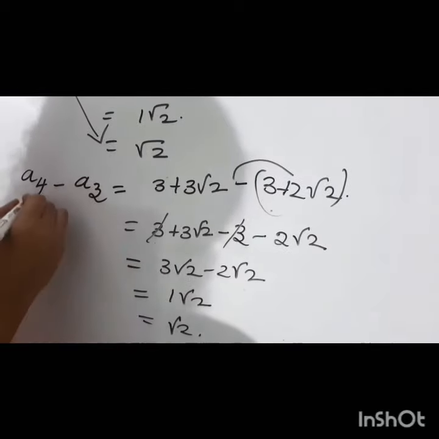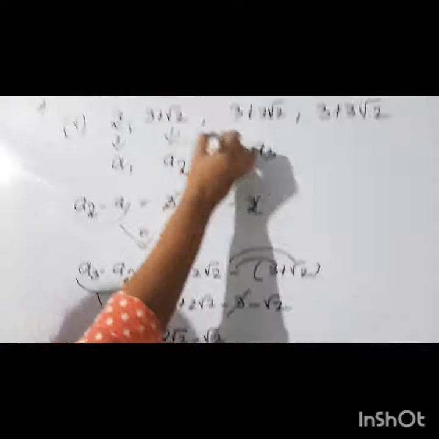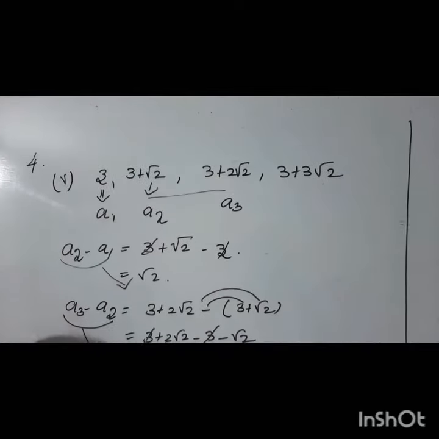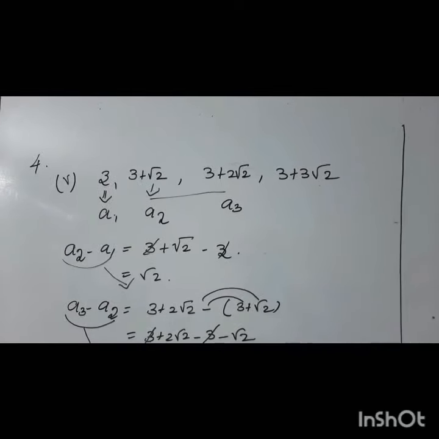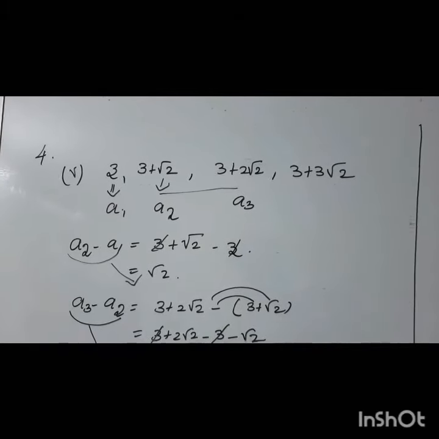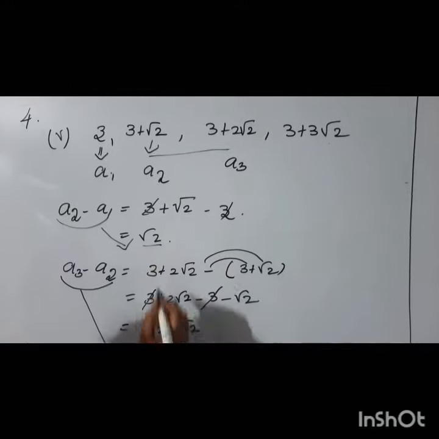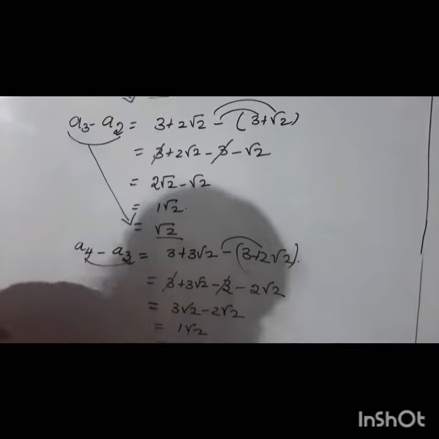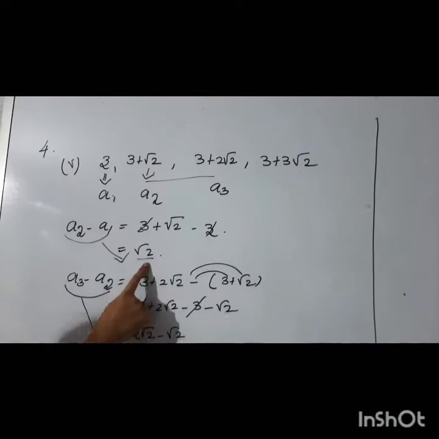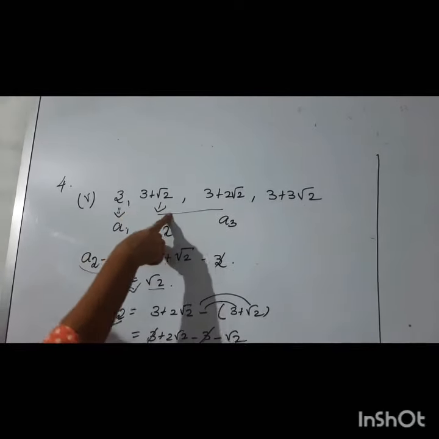So when you consider this given series of numbers, if you subtract the first number from the second, or the second from the third, or the third from the fourth, everywhere you got root 2, root 2, root 2. What does it mean? That you are adding a fixed number root 2 to each number to get the next number.